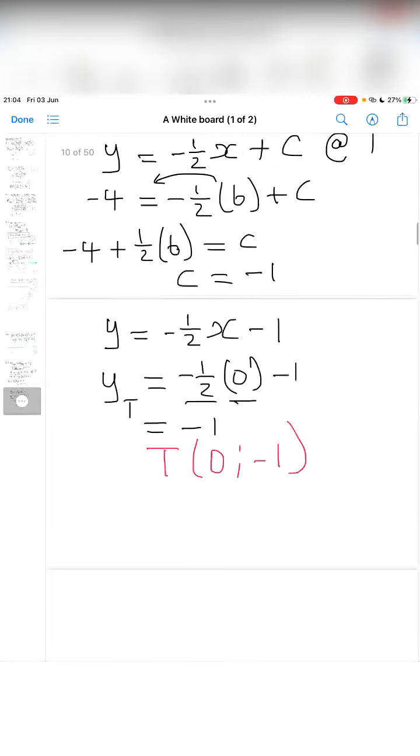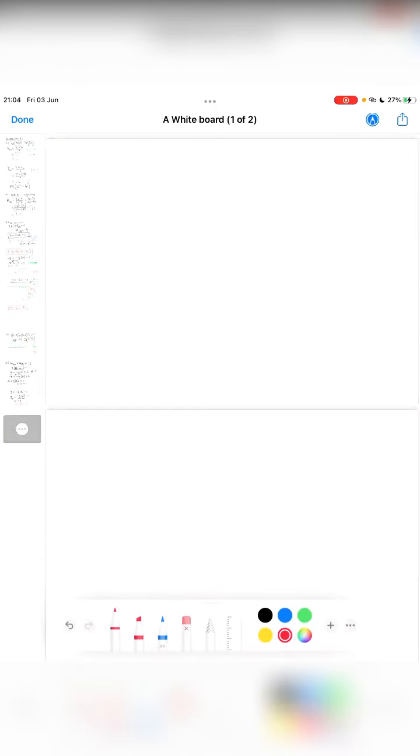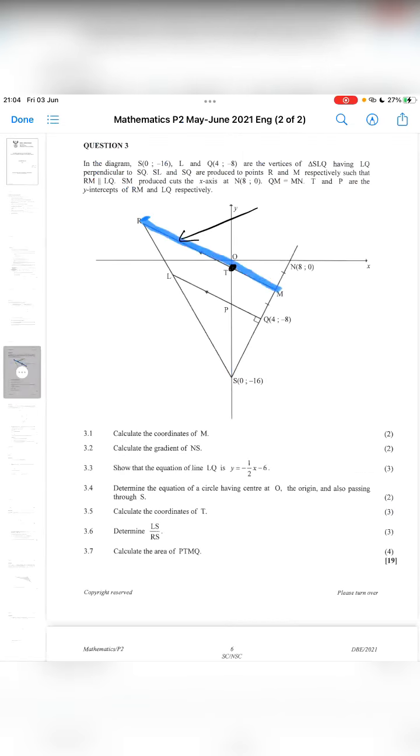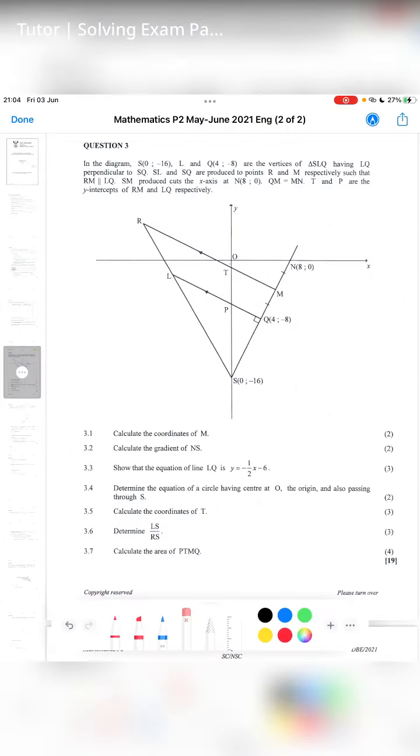Okay. Then in that case, I think we'll be moving to question 3.6. So 3.6 there, ladies and gentlemen. Let's see. 3.6 says determine LS over RS. This is one of the interesting questions, ladies and gentlemen, where you might find that you need to apply some laws or rules.